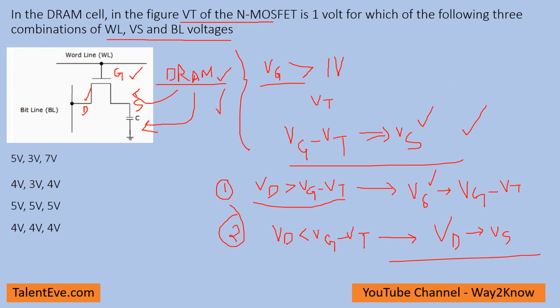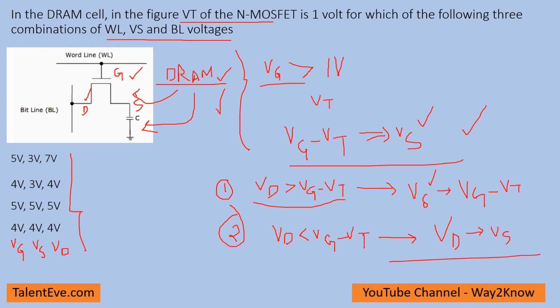So now if you see the series of combinations provided, the first one is the word line. Word line is nothing but the Vg, right? The second one is the Vs. Vs is nothing but the source voltage which is applied to the capacitor. The bit line is nothing but the Vd.